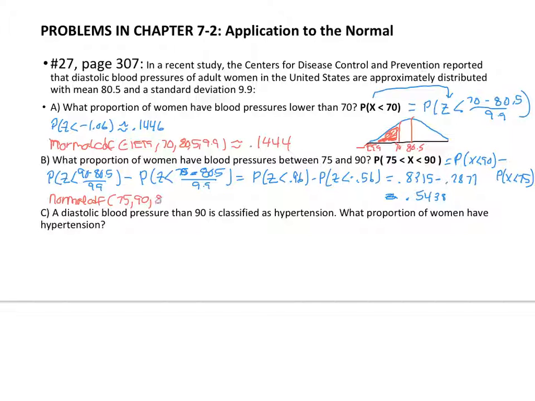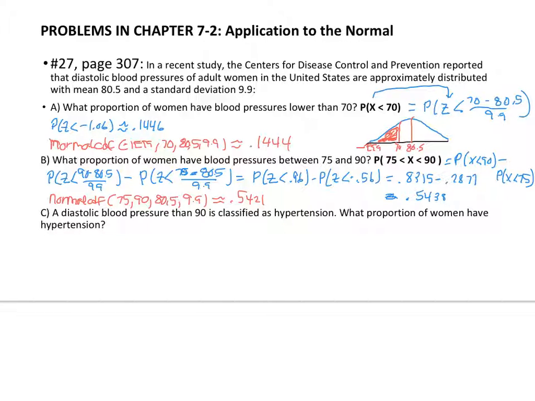Again, the mean is 80.5 and the standard deviation is 9.9. Here we get an approximation of 0.5421. So we're off a little bit. Again, there are rounding issues, and of course the table's not exact.